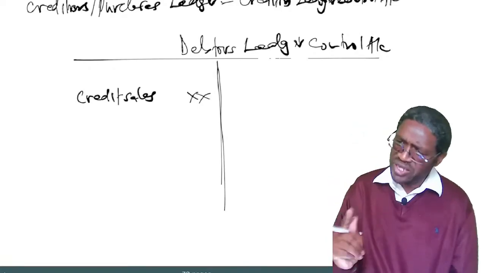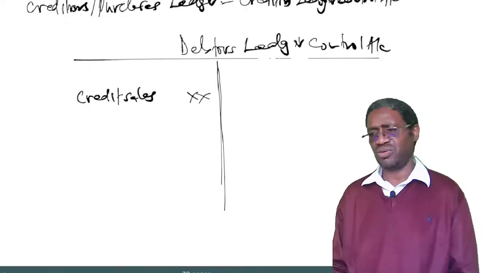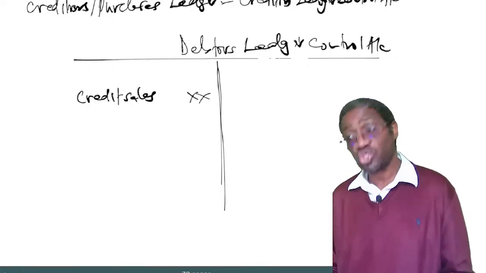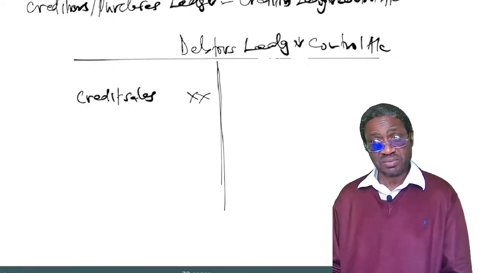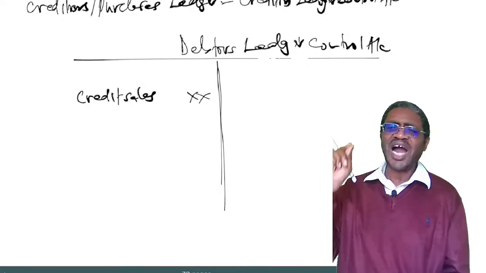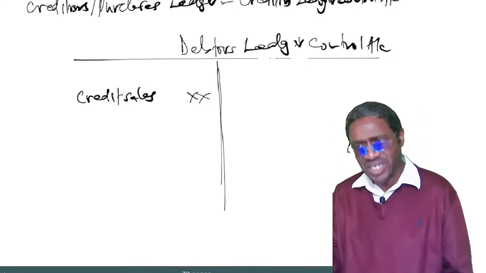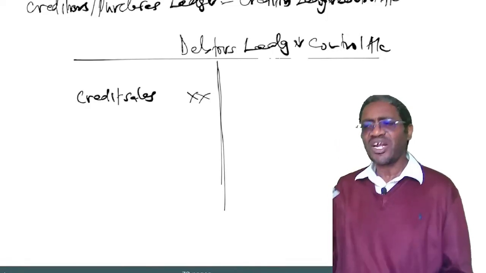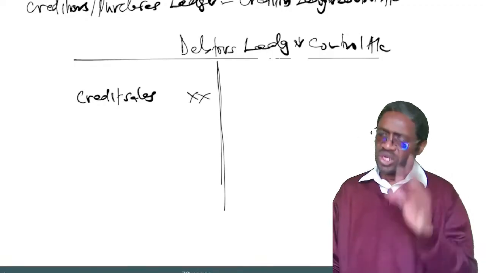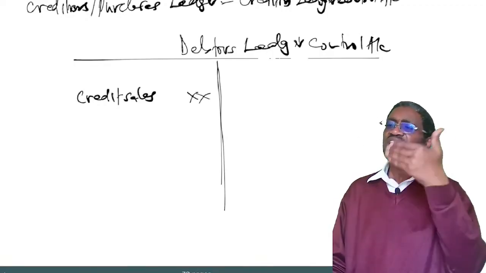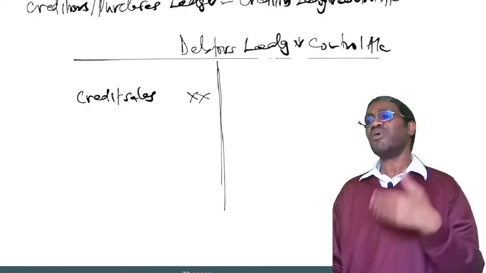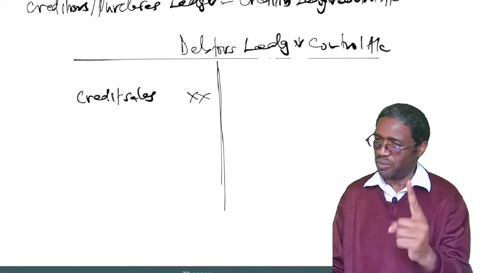If an item is normally credited in the debtors account, then that item should be credited in the control account. So control accounts, we normally say they are not part of double entry. Get the point? We normally say they are reference accounts, or we call them memorandum accounts. They are not part of double entry.